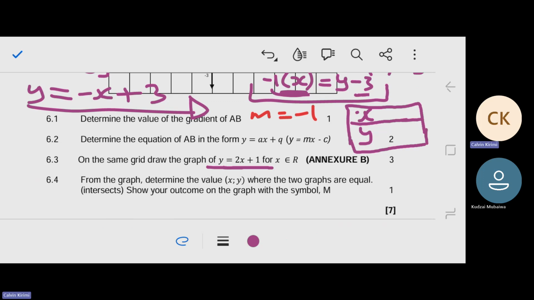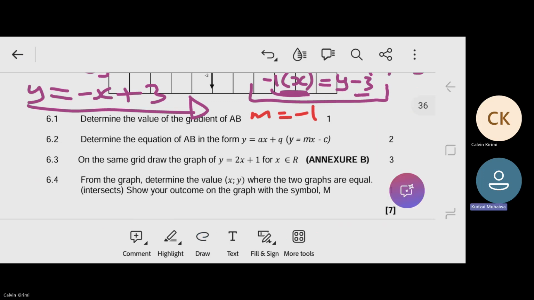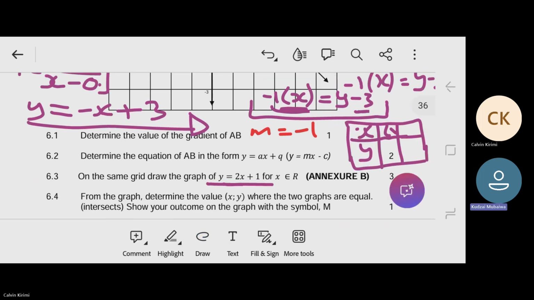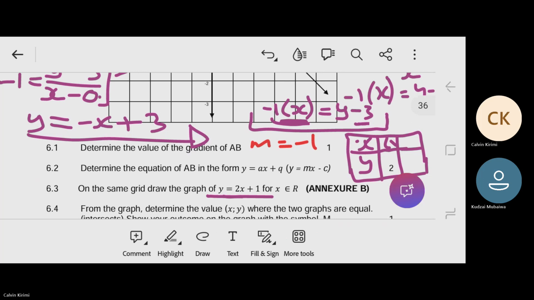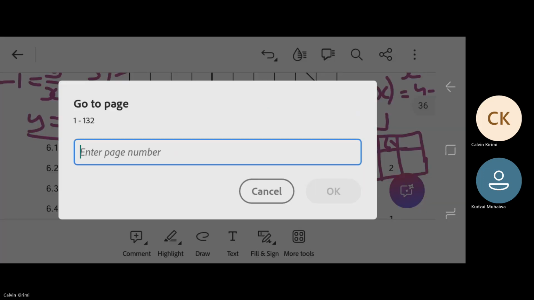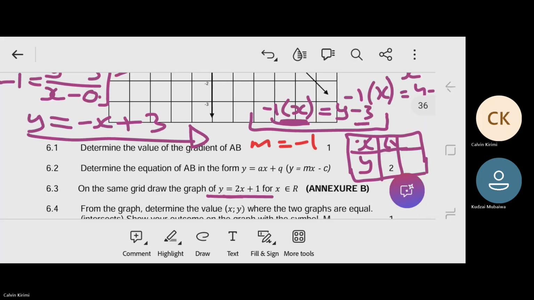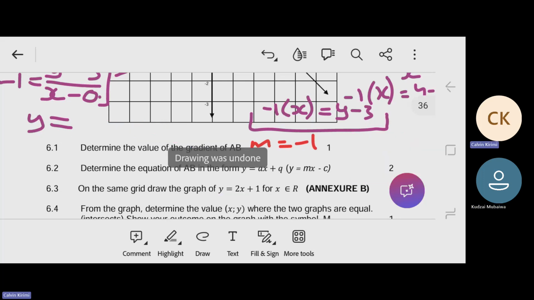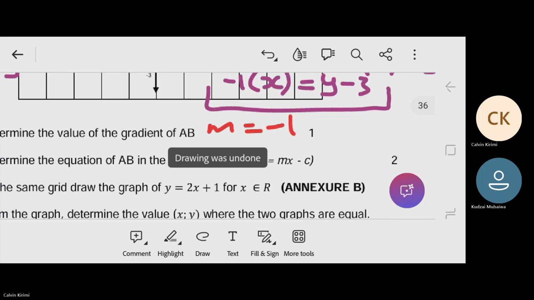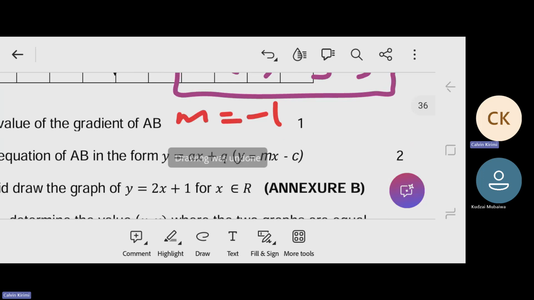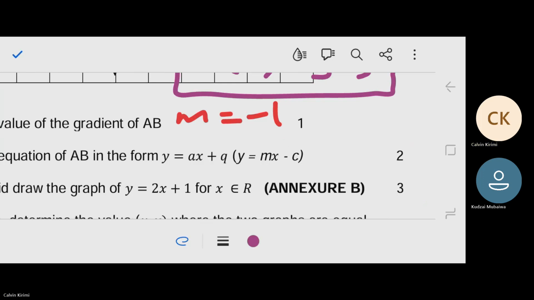Make your table. If your x is 0, what is the value of y? We are doing it like this in terms of table.